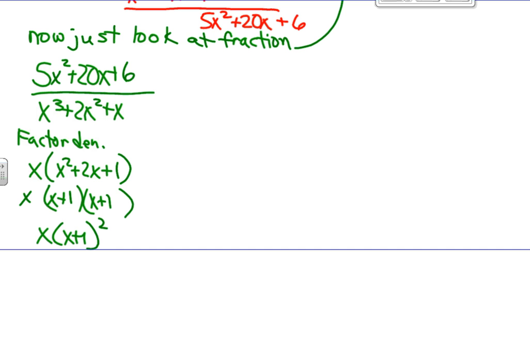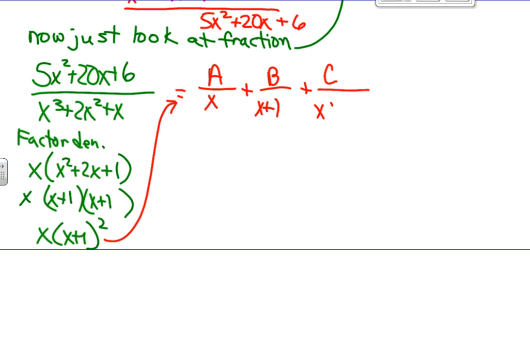So one of my factors is x, so I'm going to have A over x, and x is considered linear because it's x to the first, and then plus B over a single power of that factor, x plus 1, plus C over x plus 1 in parentheses squared.